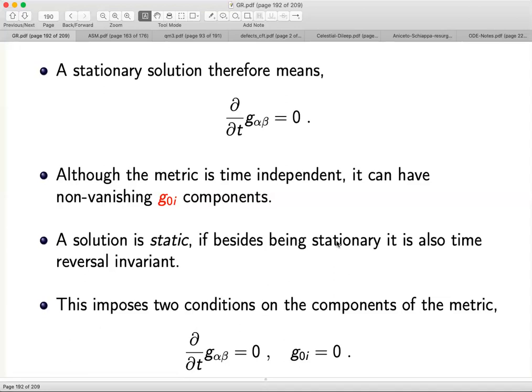Yeah. So within a given patch, since you have done the course, suppose you look at the Friedmann-Robertson-Walker metric.